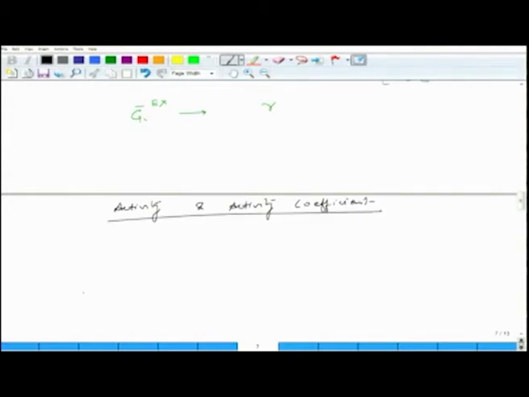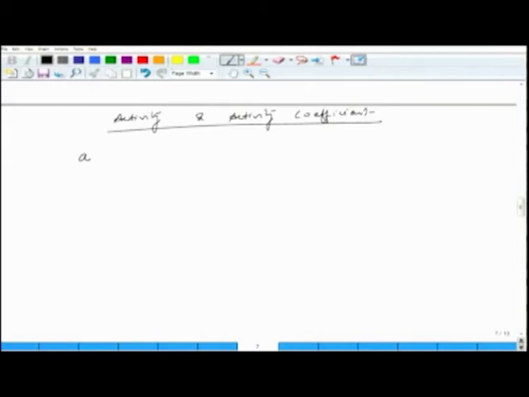Activity is defined as a_i, which is basically the ratio of f_i(T, P, x_i) with respect to f_i^0(T, P_0, x_i^0), some reference state. This is basically arbitrary, but must be specified.